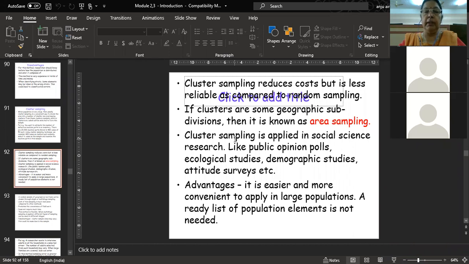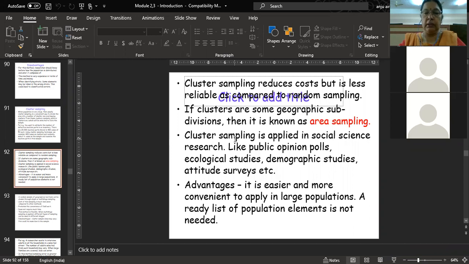You will divide that population into different clusters, and then randomly from each cluster you will take out some elements to form your sample, and then you will do a study of each sample. You will give a questionnaire to the people in each sample. You will collect the opinion, and then you will do analysis of the data.